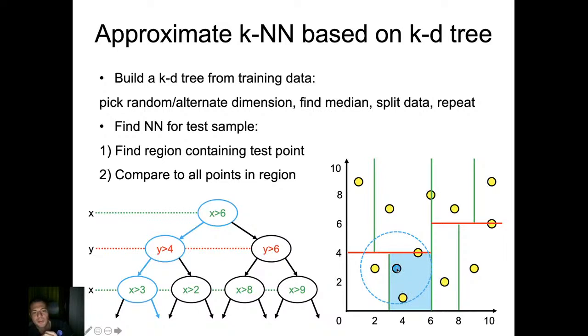So if your test sample is not very close to some border, then your data points will probably be in the same region, and you will find the nearest neighbors. So you can adjust the trade-off between accuracy and speed by setting a corresponding depth for your KD tree.